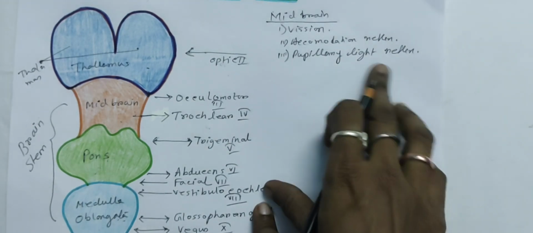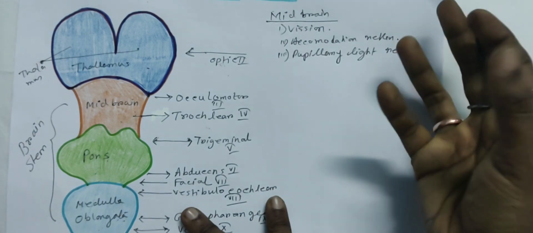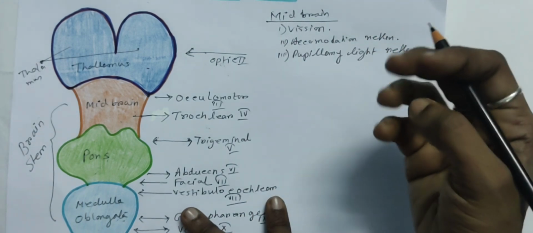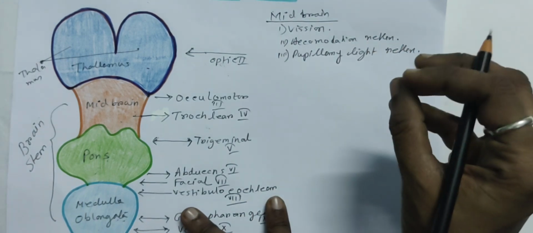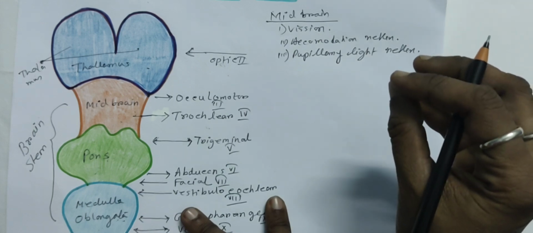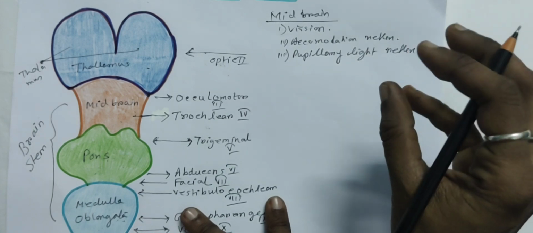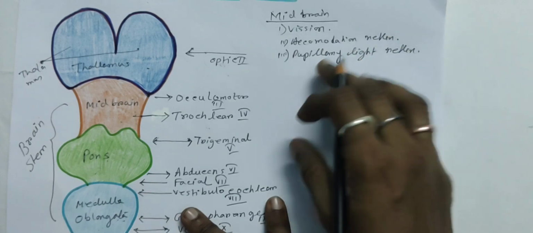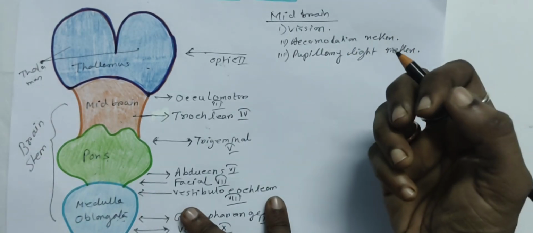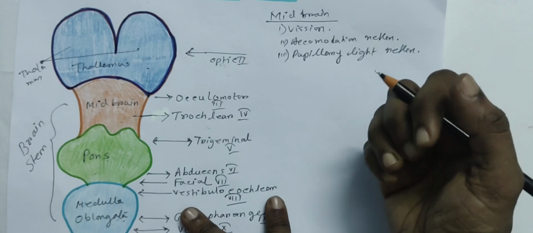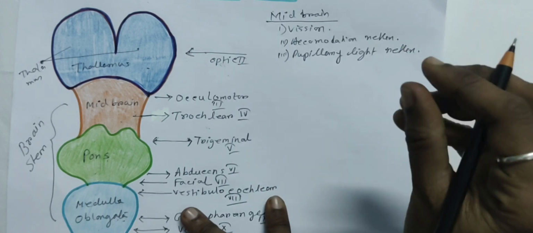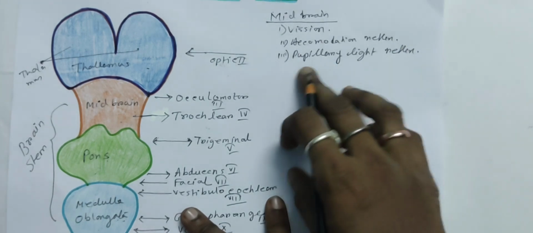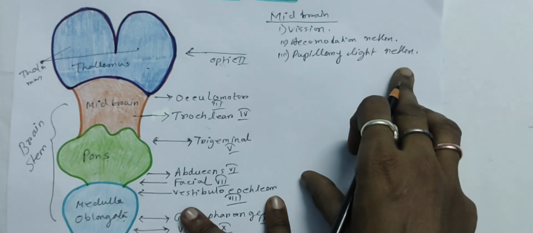Pupillary light reflex is that whenever a large amount of light comes on our eye, our pupil contracts. Whenever there is dim light, the pupil dilates. So that is the pupillary light reflex.